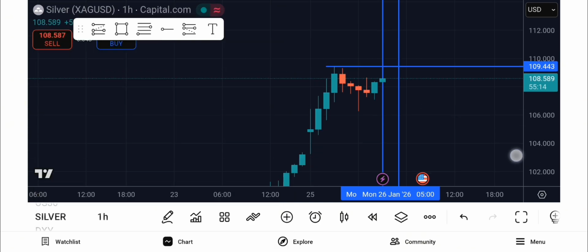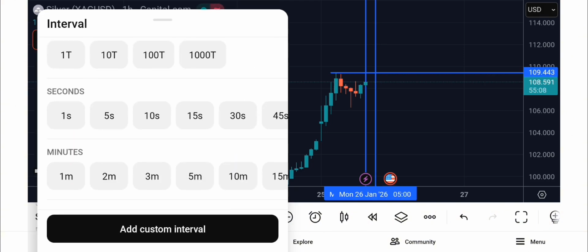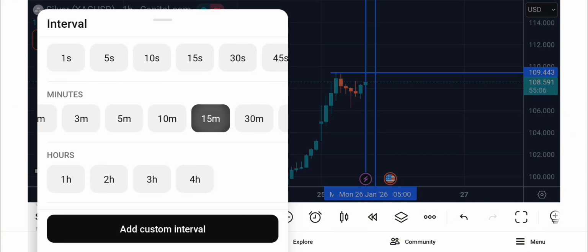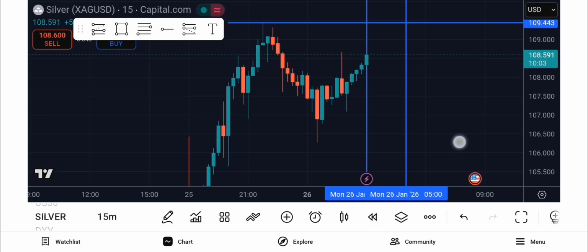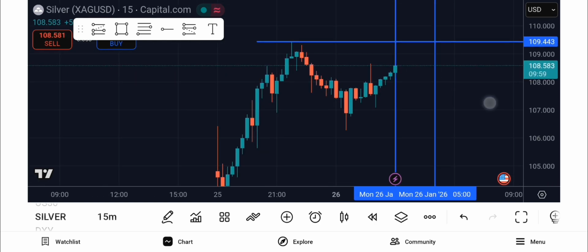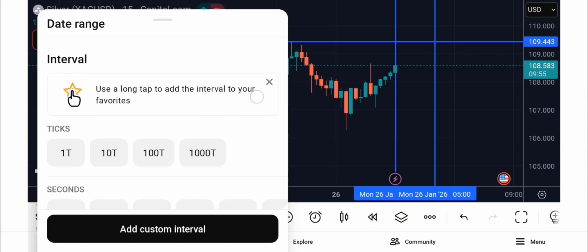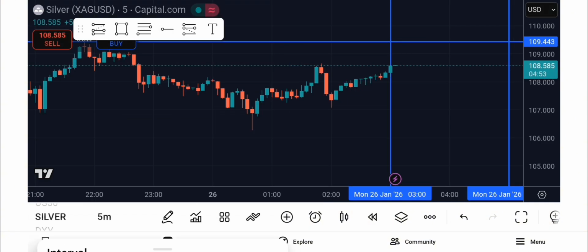First and foremost, when we look at it, we see that it's in an uptrend. So we go on a lower time frame, 15 minutes, to see if we could catch a fair value gap before it hits that mark. We don't see anything really big in the 15 minute, so we go on a 5 minute.